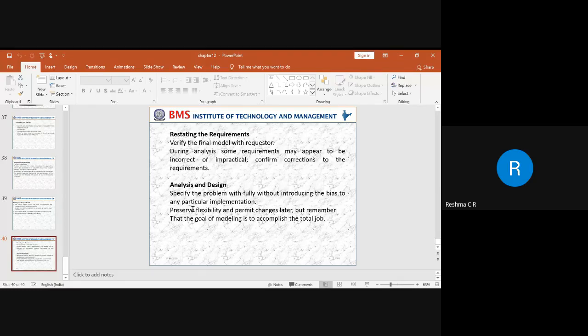And whatever information we have collected without biasing should be useful for the implementation purpose. And whatever implementation we are going to perform should be in all possible manner.